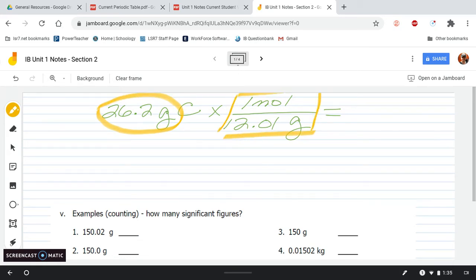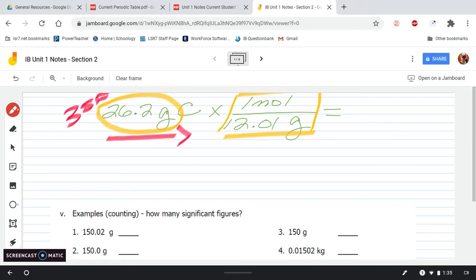You may not remember sig figs, but with significant figures, you are going to be counting them. When I look at this situation over here on the left, I would come in from the left: 1, 2, 3. That would be 3 sig figs. Now over here, you've got a number on top and a number on bottom, so you've got three numbers.